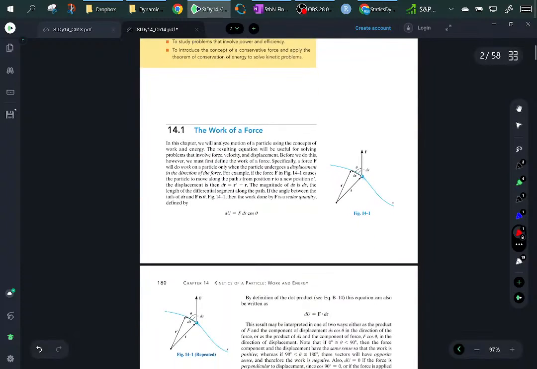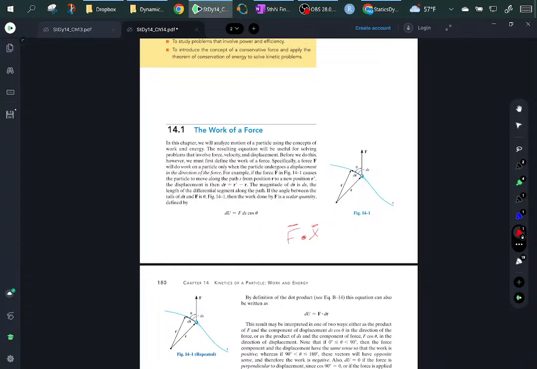Okay, so he starts off with work of a force, and you've seen it before, F dot x, where these are both vectors, and you've got to move in that direction.